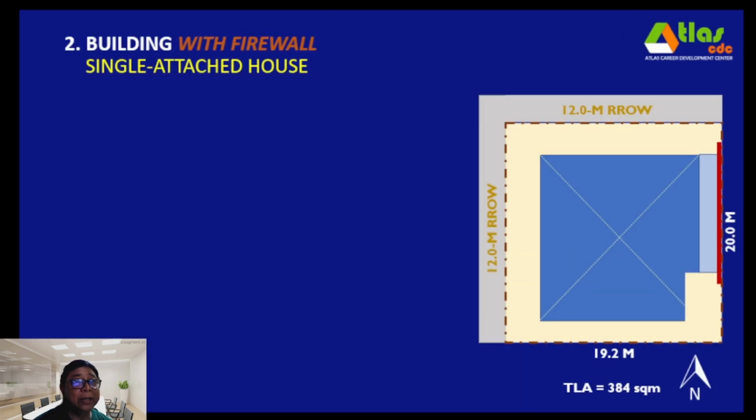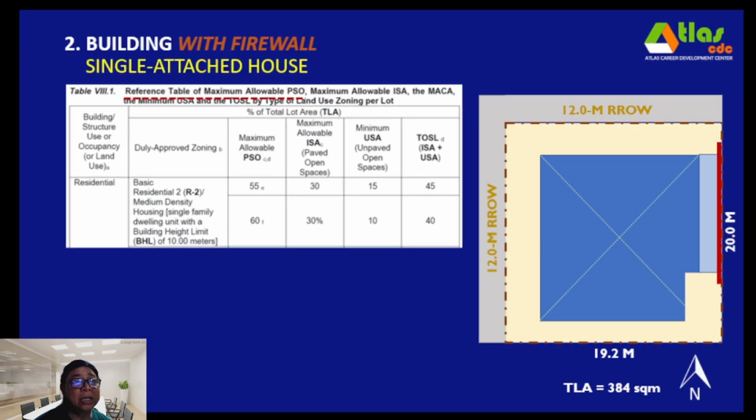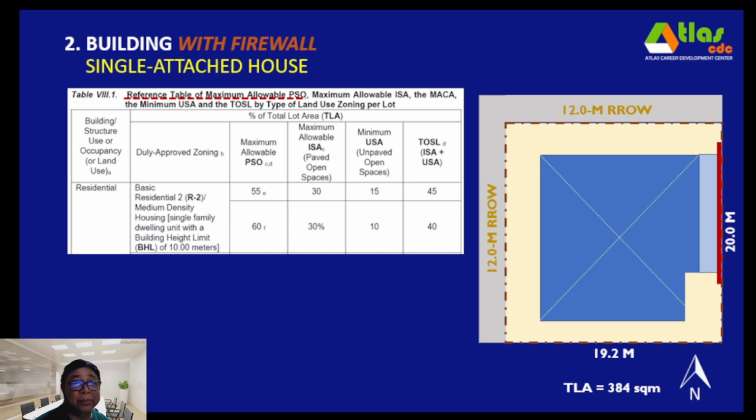Table 8.1 shows that our maximum PSO is 55% without firewall, and so it also means that our maximum PSO with firewall will also be taken from the same table, 60% of the total lot area.